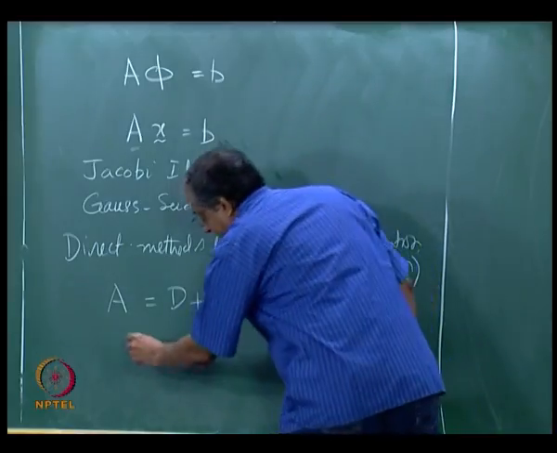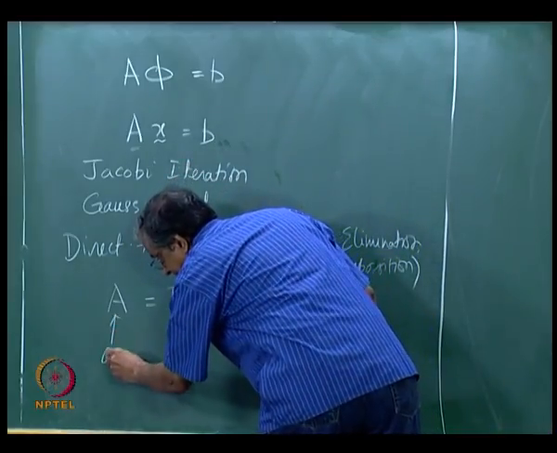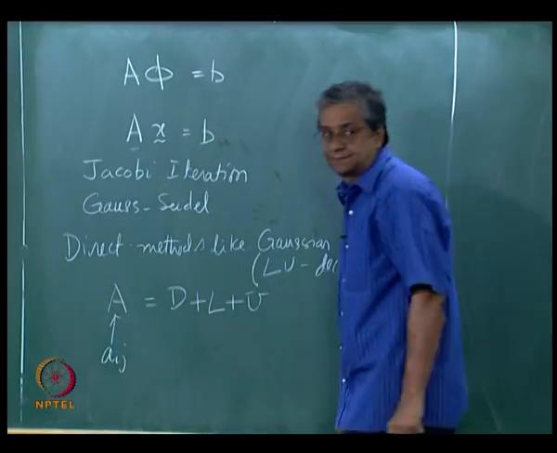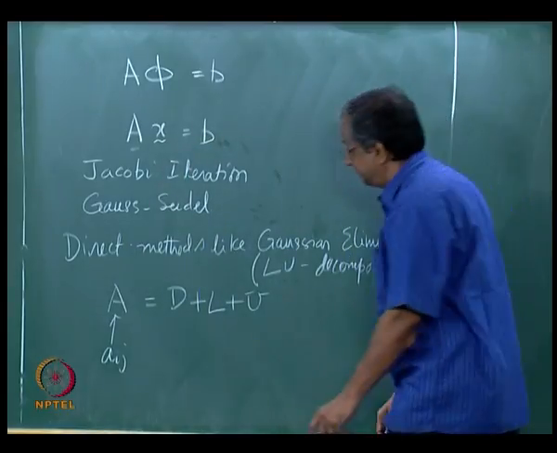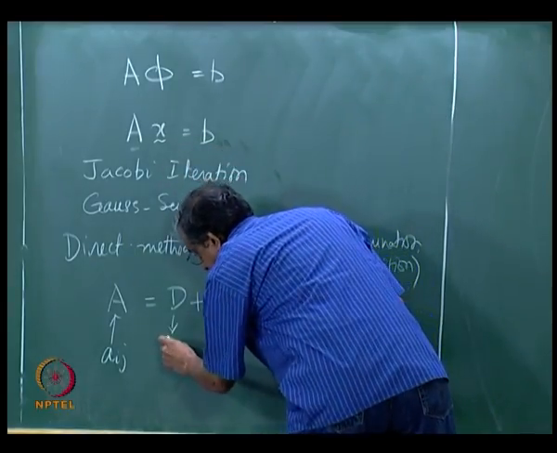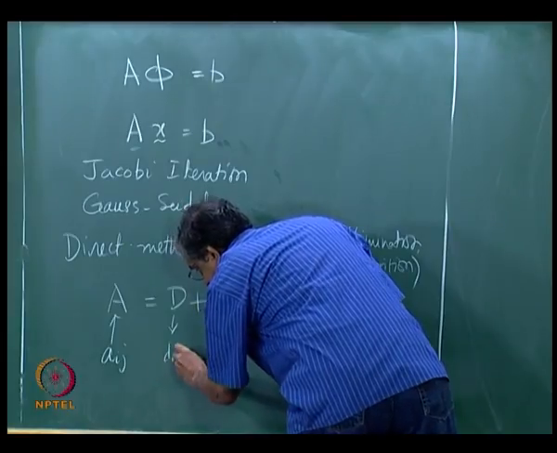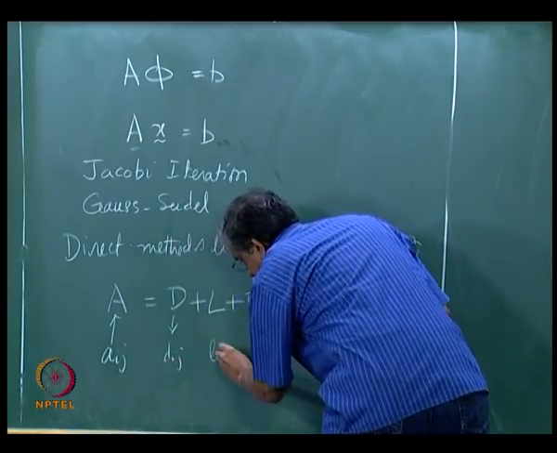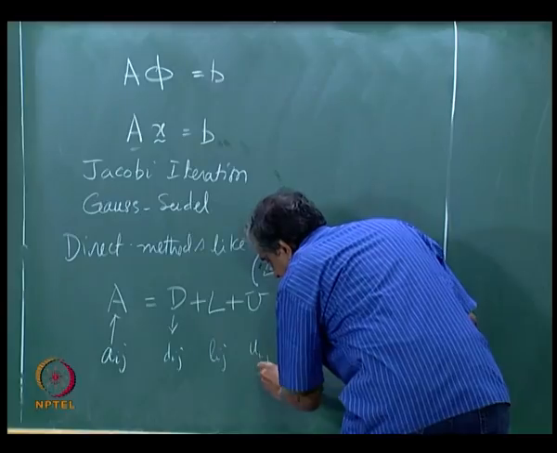So, if the entries in A are Aij, the entries in D are Dij, correspondingly you have Lij and Uij.